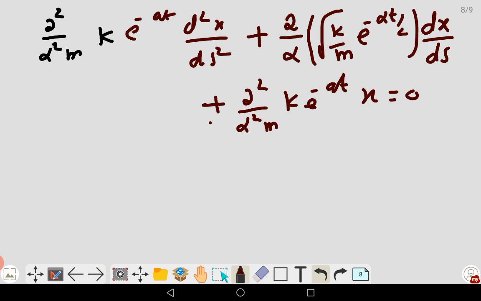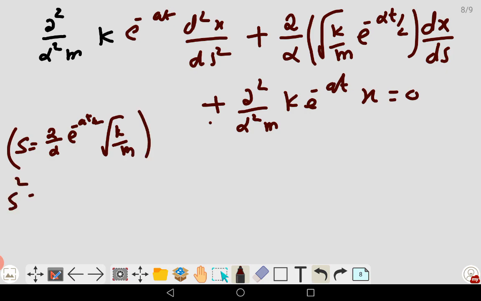Finally, we know s is equal to 2 over alpha e raised to minus alpha t over 2 and square root of k by m, isn't it?